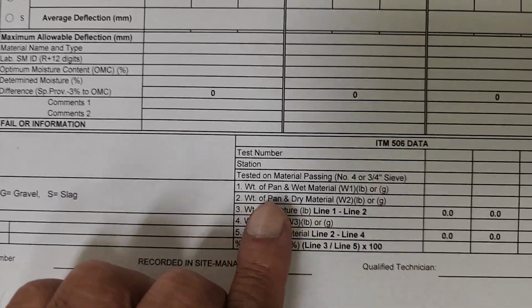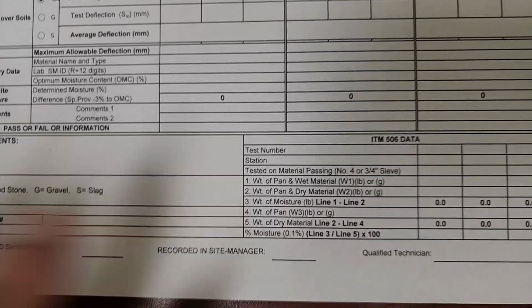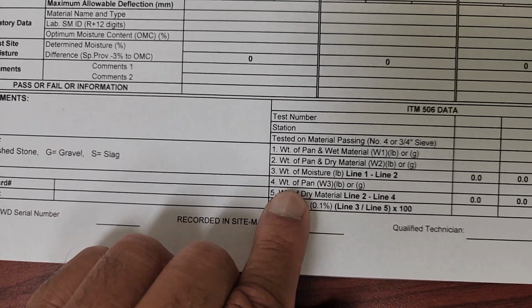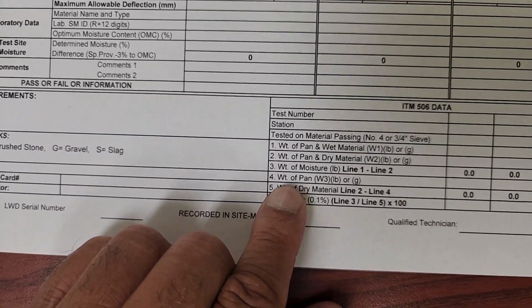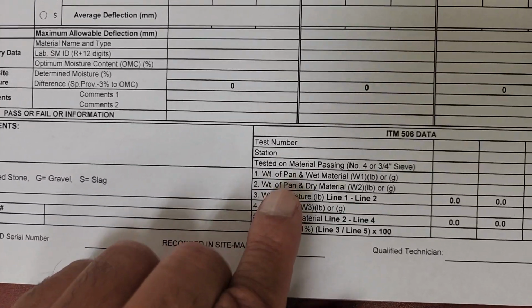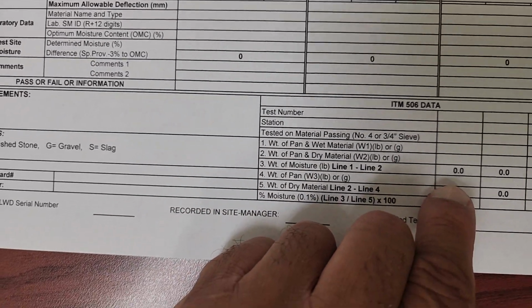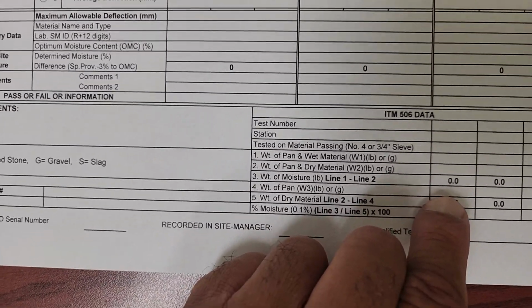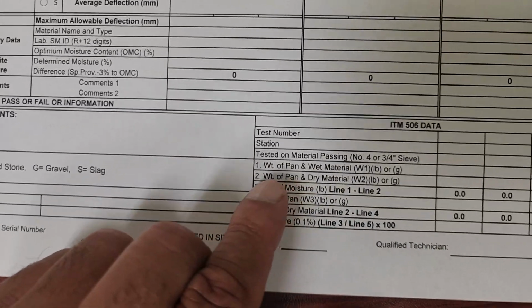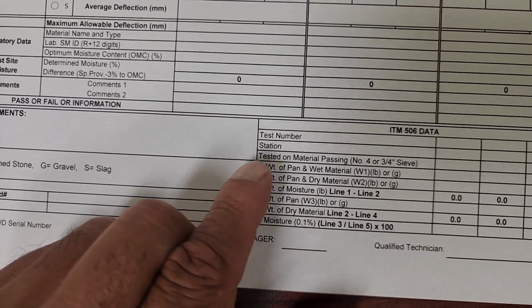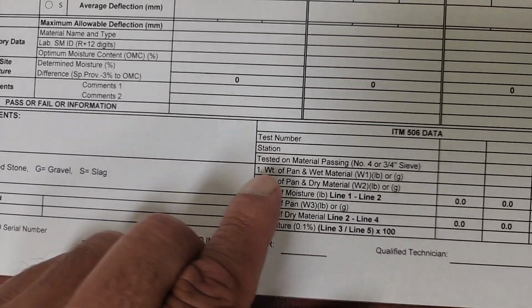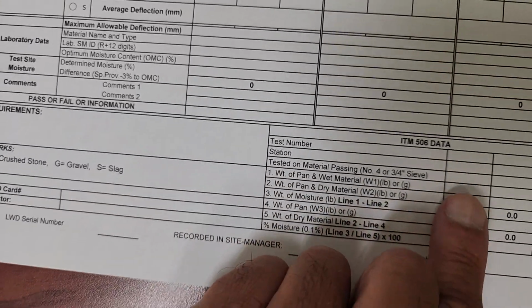And then what you have to do when you first run a test, you have to weigh the pan. Once you weigh the pan, you put the weight of the pan down in your column here. Then you put your wet material plus your pan in this column.